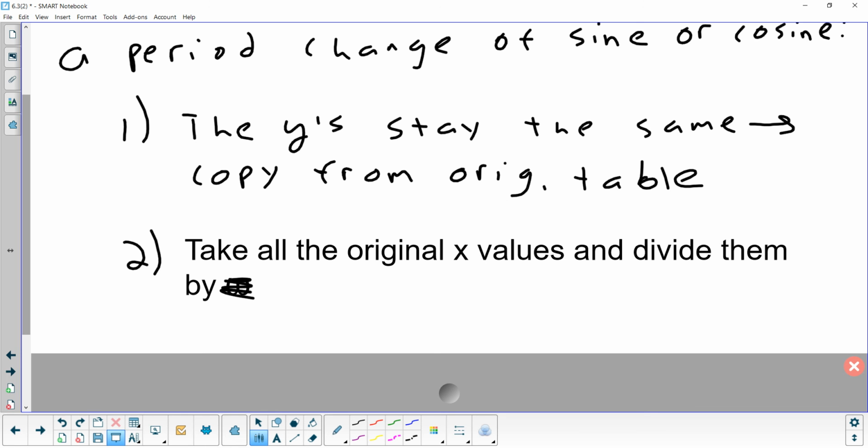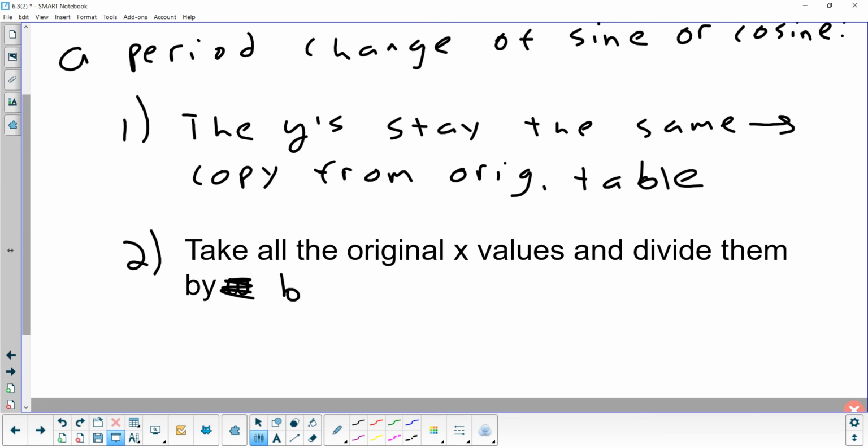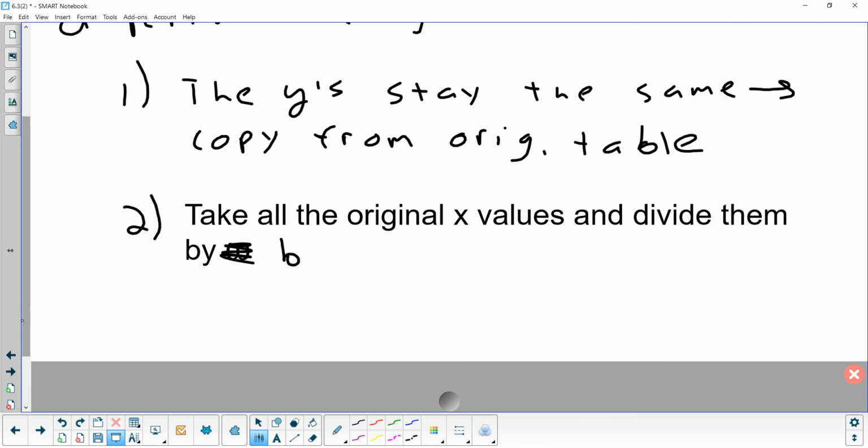To get the new x's, take the original x values and divide them by b. Now, sometimes that can be annoying if b is a fraction.